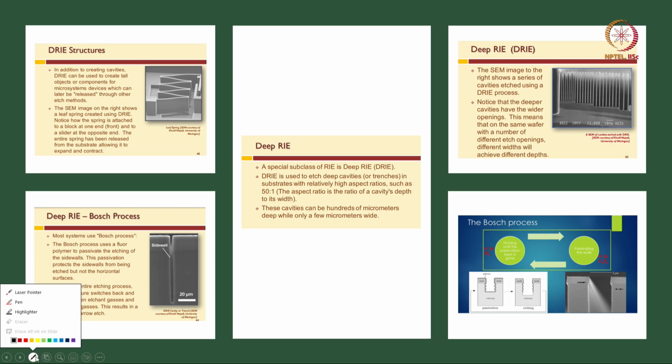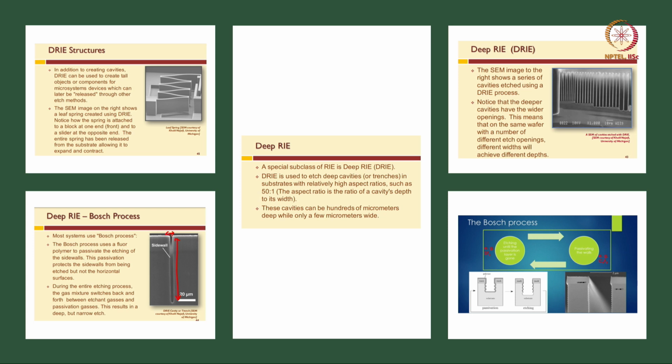Deep reactive ion etching, a special subclass of RIE, is also used to create deep cavities in a substrate. It has relatively very high aspect ratios such as 50:1. These cavities can be hundreds of microns deep while only a few microns wide. You can see in this case about 20, 40, 80, almost 100 microns depth, while the width looks like only 2 or 3 microns.